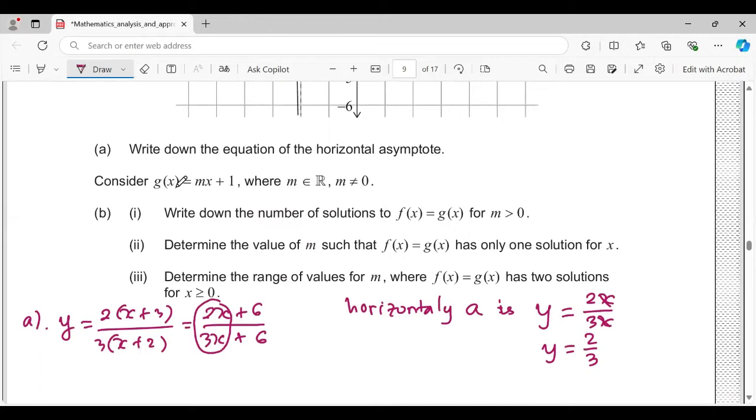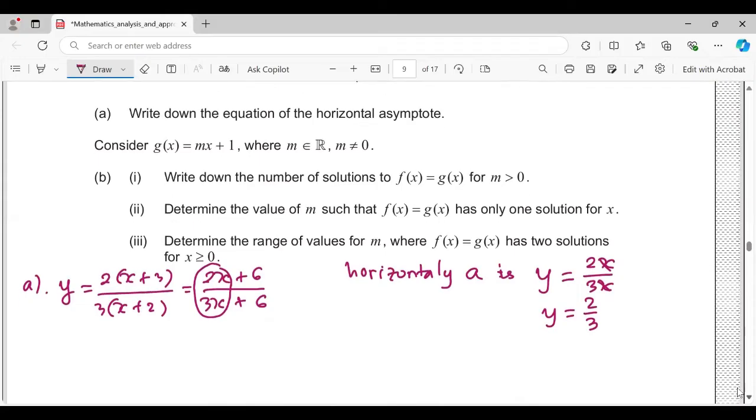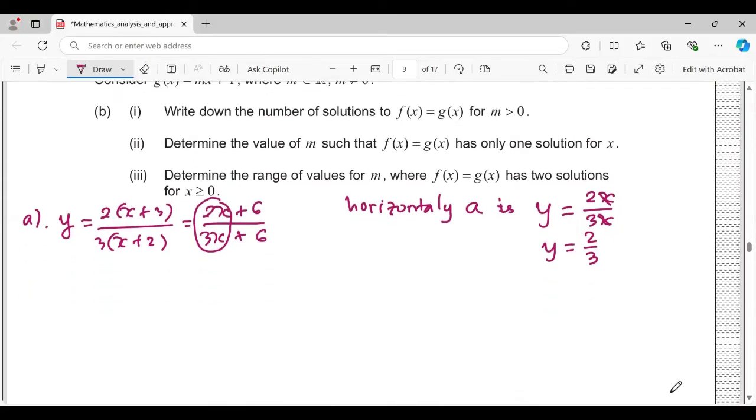Consider g of x equals mx plus 1. Write down the number of solutions to f of x equals g of x, where m is greater than 0. So part b, part 1. If m is greater than 0, it means g of x is a straight line, g of x equals mx plus 1.